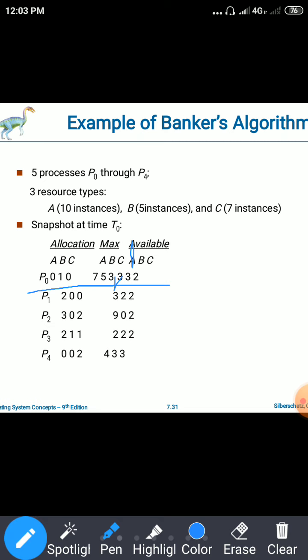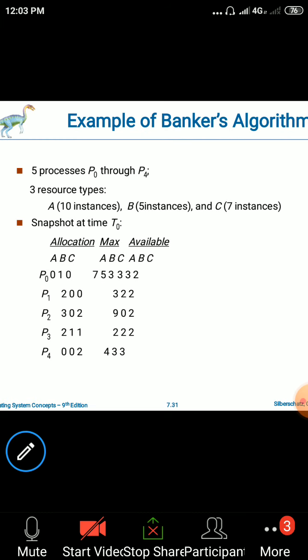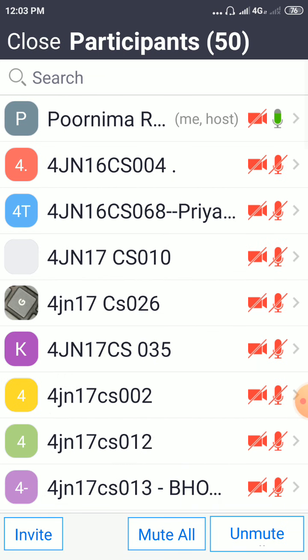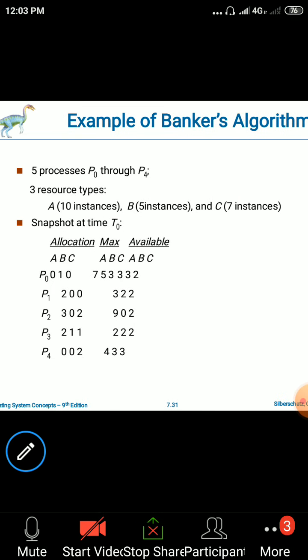Understood? Here we have 3 resources A, B, C, and out of them 10 instances of A, 5 instances of B, and 7 instances of resource C are available. Out of 10, 5 and 7, what are the requirements for each process? Let us consider.